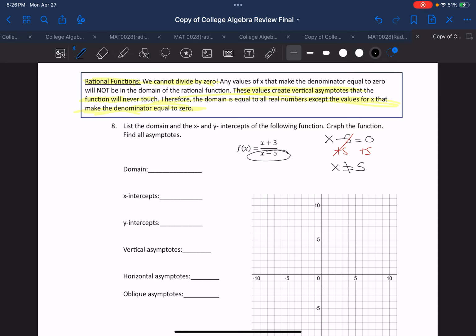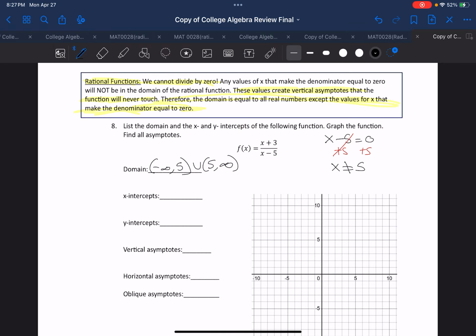Of course, you could probably see that 5 minus 5 is 0, and that's bad. So the domain is all real numbers except for the value x equals 5. So in interval notation, that would be from negative infinity to 5, with a parenthesis because it can't equal it, union 5 to positive infinity, with a parenthesis because it can't equal 5.